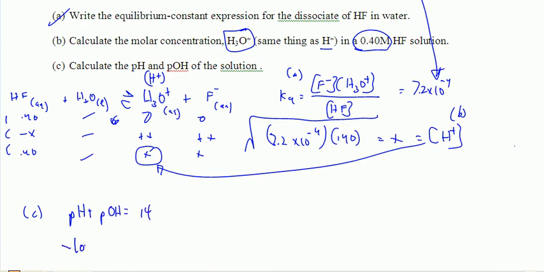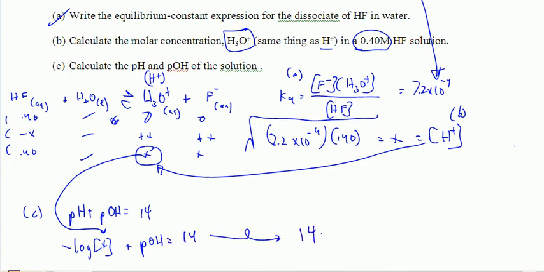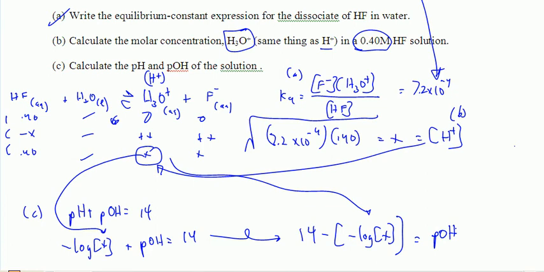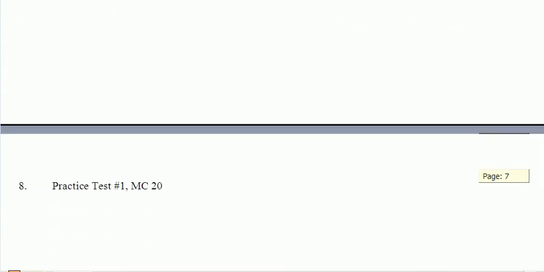So the negative log of X, whatever you got from right there, plus pOH equals 14. So 14 minus the negative log of X from there equals pOH. Alright, moving on to the next problem, guys.